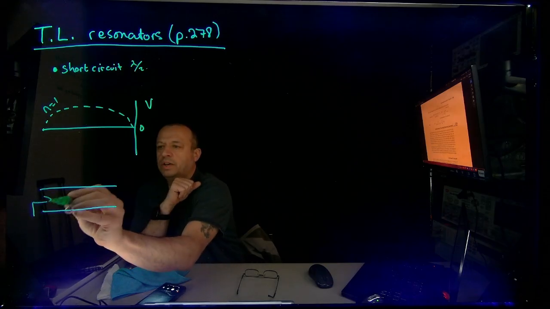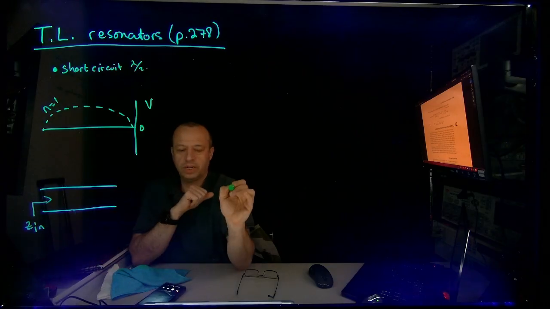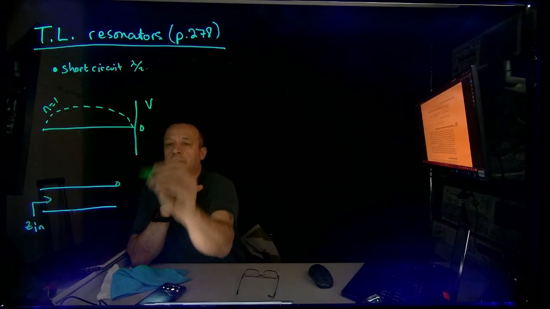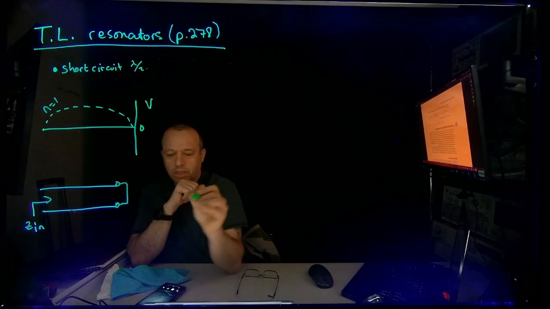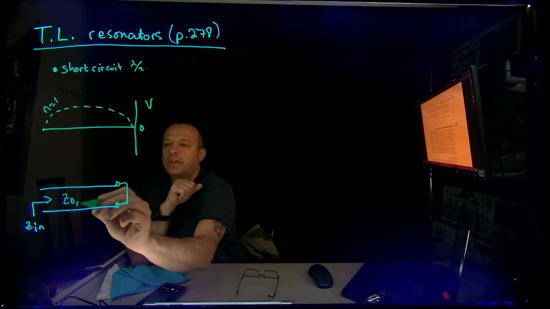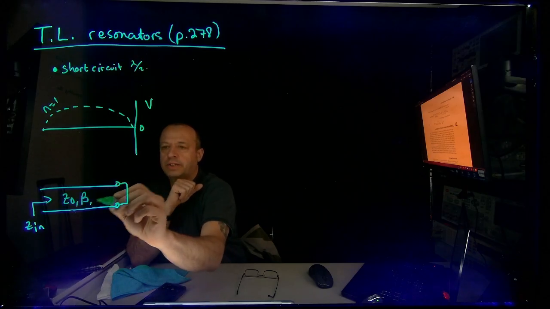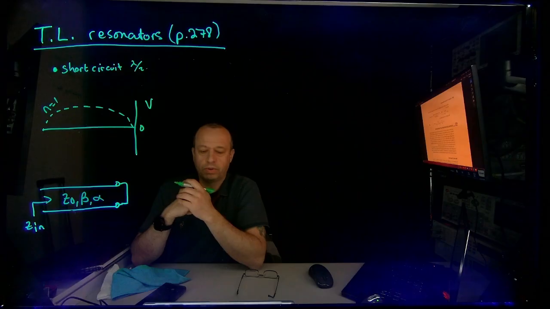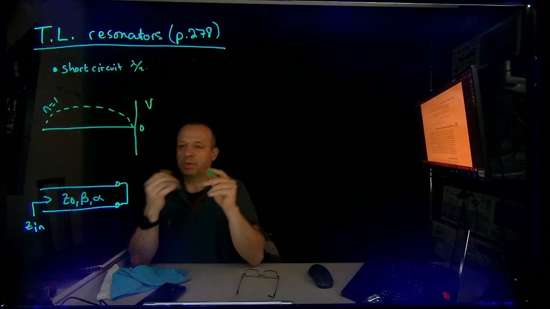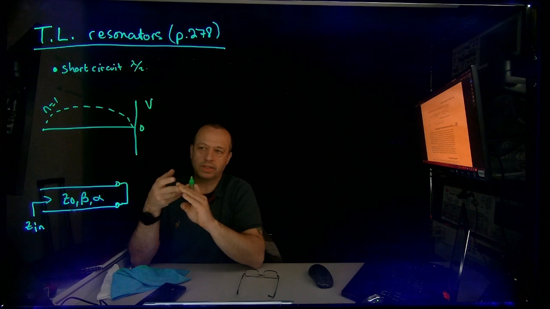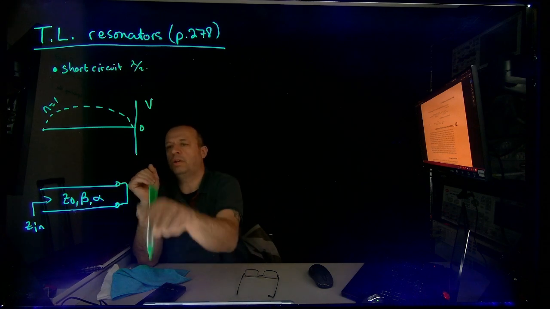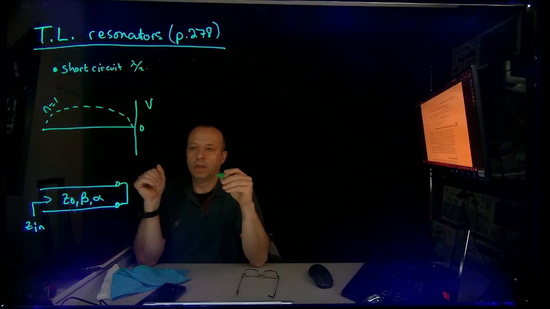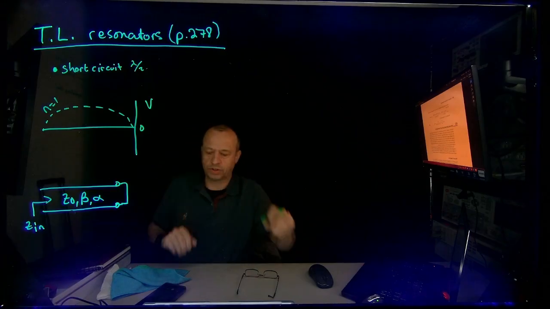So we have some input impedance, and this is going to be a short-circuited input impedance line that has some characteristic impedance, some beta, and some alpha. So we're going to be dealing with the propagation constant, attenuation constant, and the characteristic impedance, and finding the input impedance. We're going to be looking for all of these numbers for these transmission lines, either equation wise, and then I'll show you some examples.